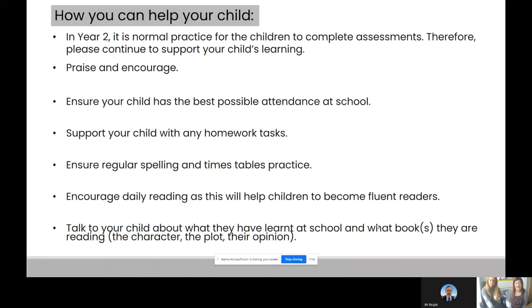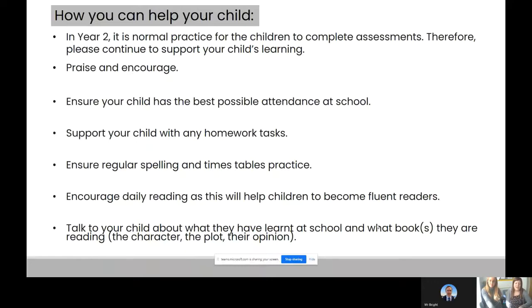Obviously, best attendance at school is really helpful, and for your child to be here for all those key skills. Completing the weekly homework and ensuring those spellings and times tables are being practiced. Spelling Shed and Times Table Rockstars are really good resources to practice those on, and really enjoyable for your child.